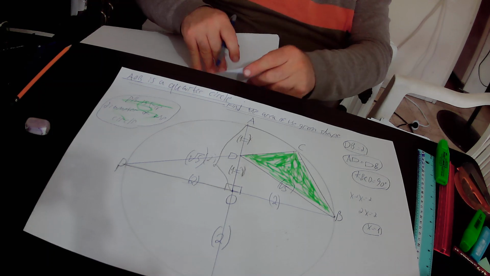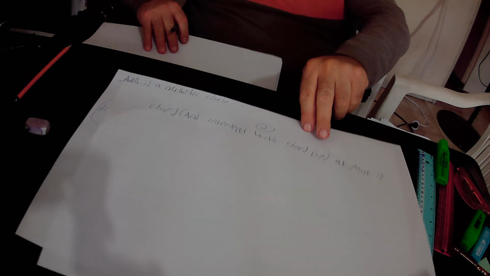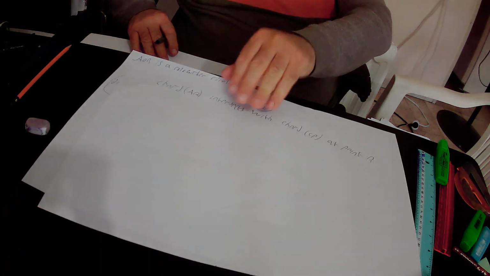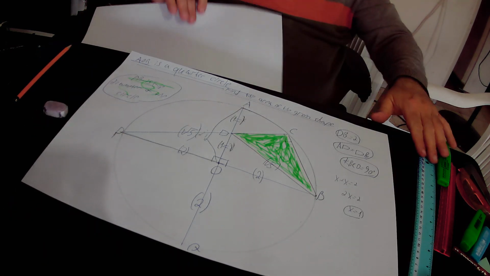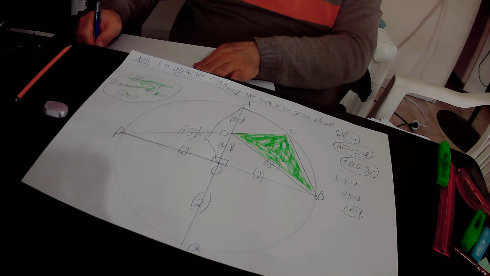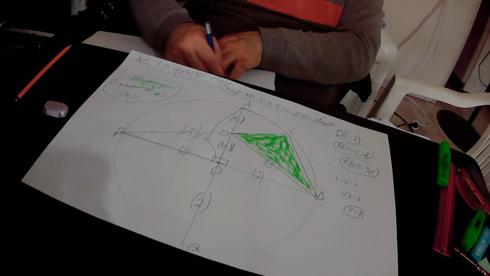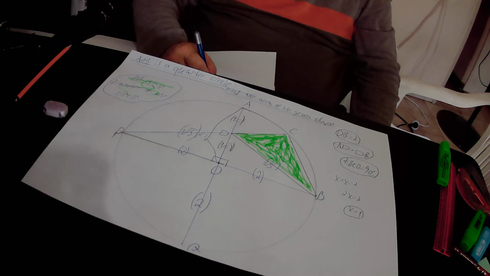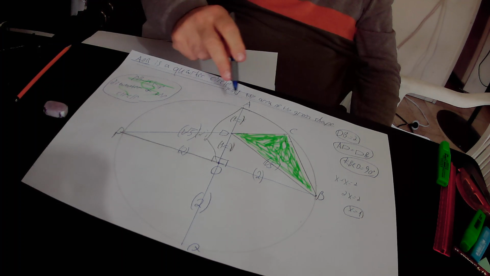Repeat again. Chord AQ intersects chord CP at point D. And therefore, according to rule 11, the following equation will be true: AD times DQ equals CD times DP.